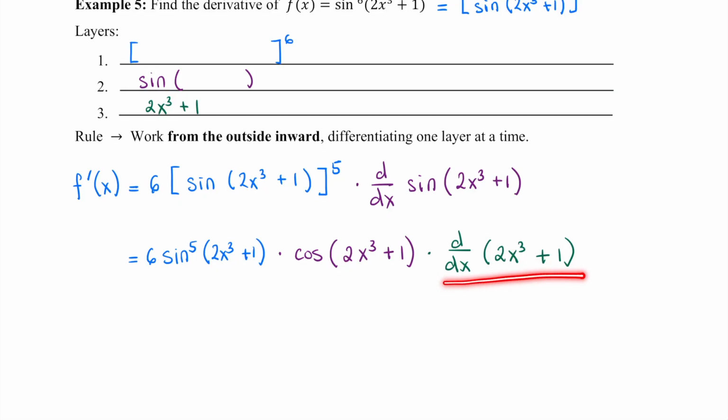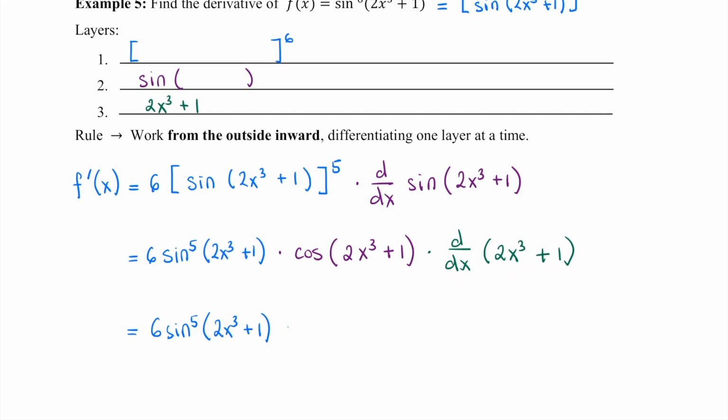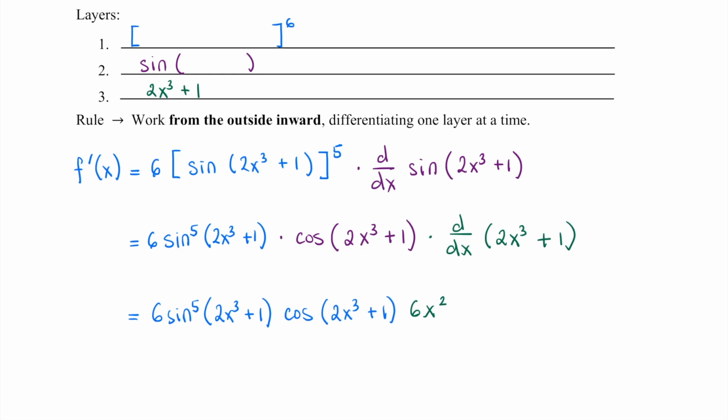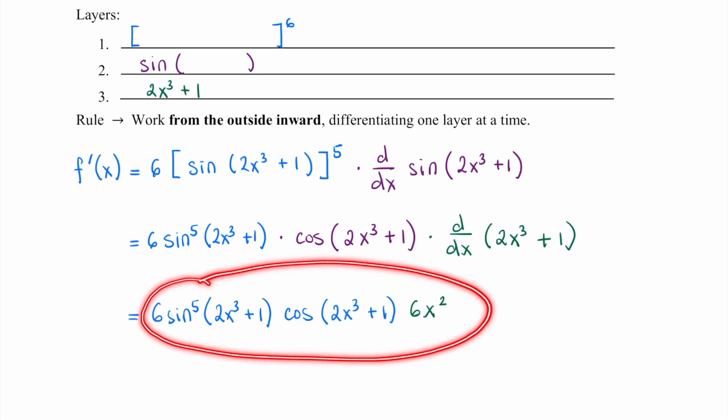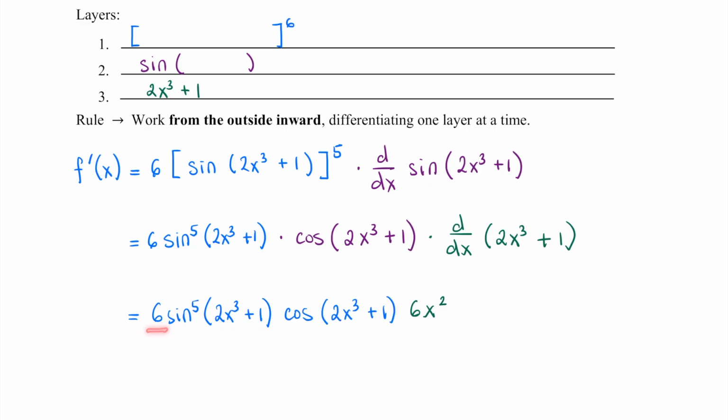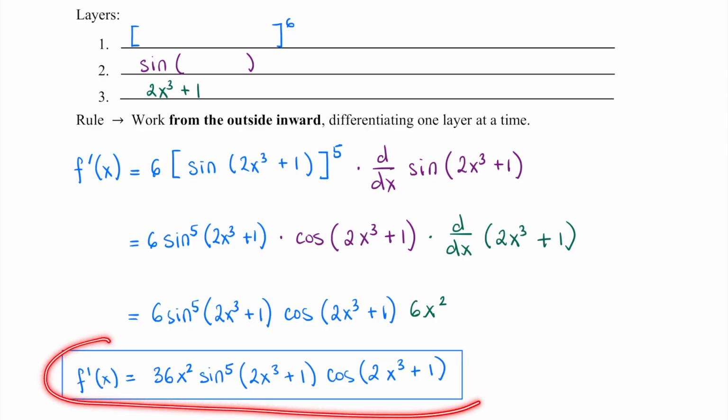And the derivative of 2x to the third plus 1 is 6x squared. Now, I need to simplify this expression. 6 times 6x squared is 36x squared. And this is the derivative of f of x.